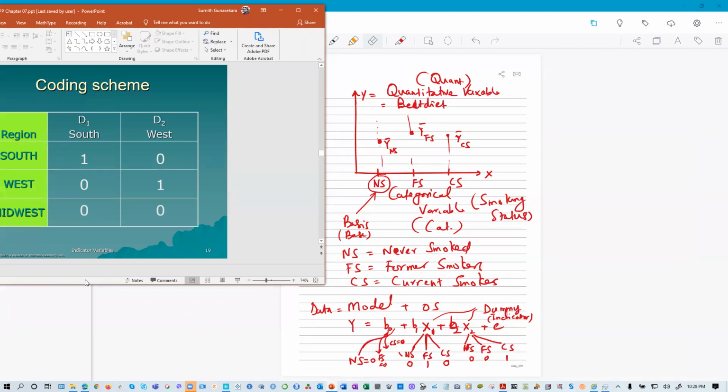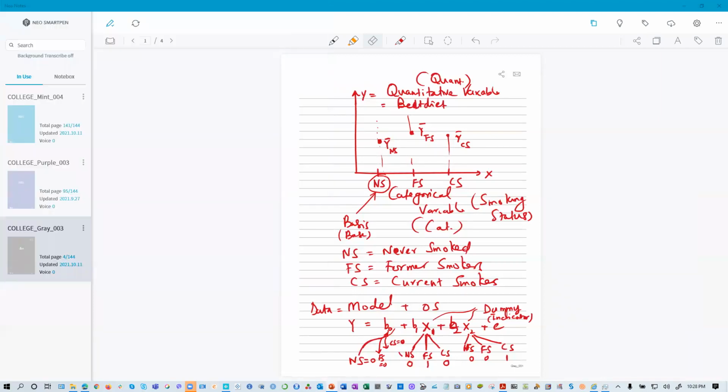So I can write this for this particular one. If I code it like that, I'm going to put here 1, 2, 3. I can say smoking status.